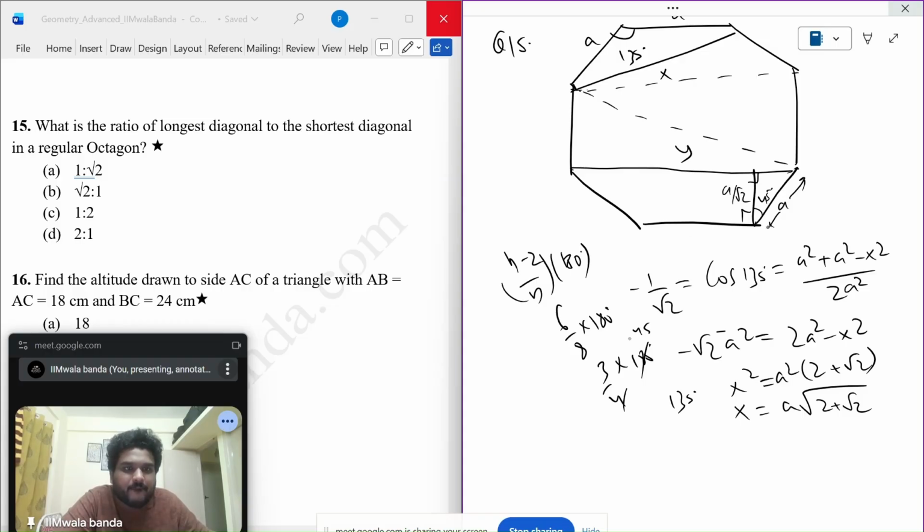And this is A by root 2, this is also A by root 2, similarly this is also A by root 2 and this is A. So I got these two sides. Can I find out this? This is basically root 2A plus A, because A by root 2 plus A by root 2 is 2A by root 2, or root 2A.